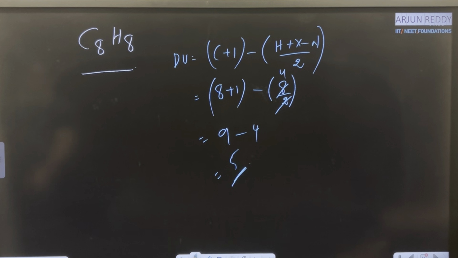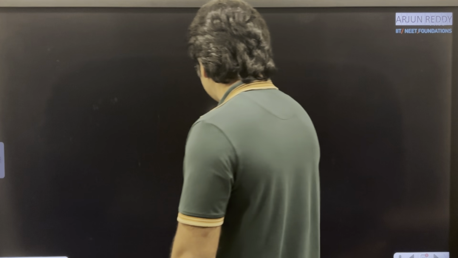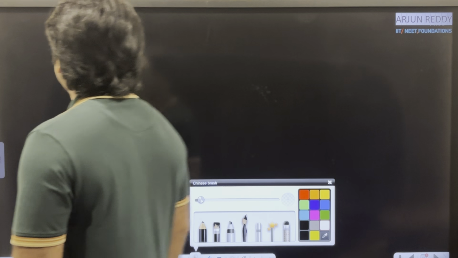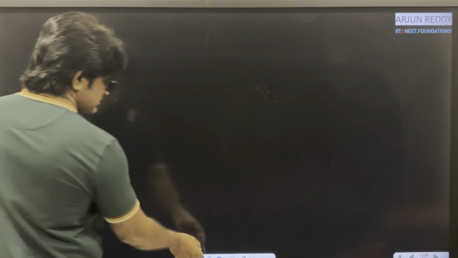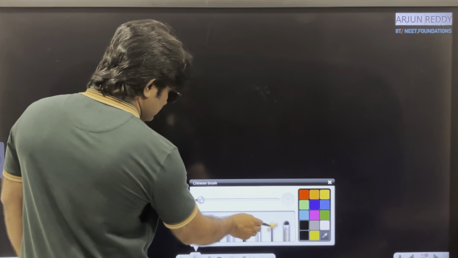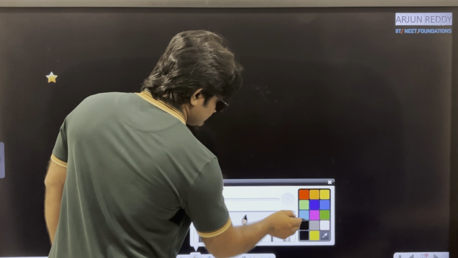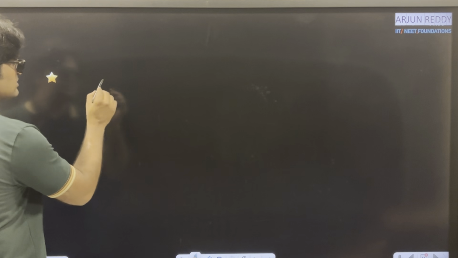Now just observe the convenience of this formula. For example, a compound is given like this. Yes, this is the given compound. So clearly I am going to write it along with carbon atoms. Very important example. Here first I am going to take carbons like this. Observe this very carefully.